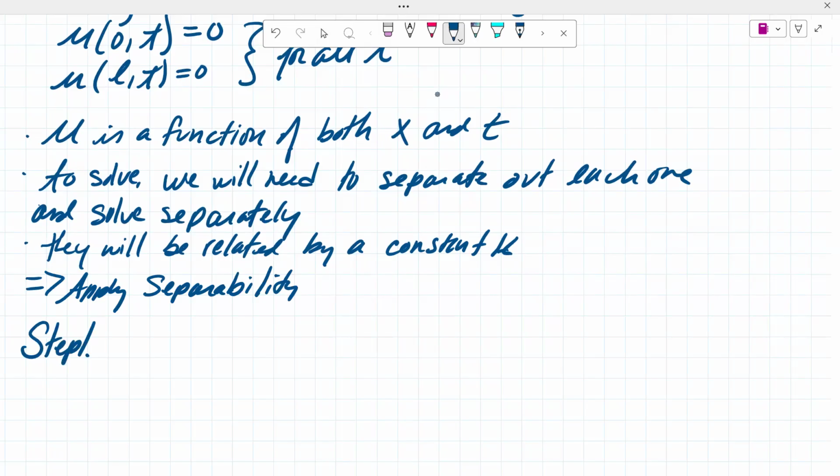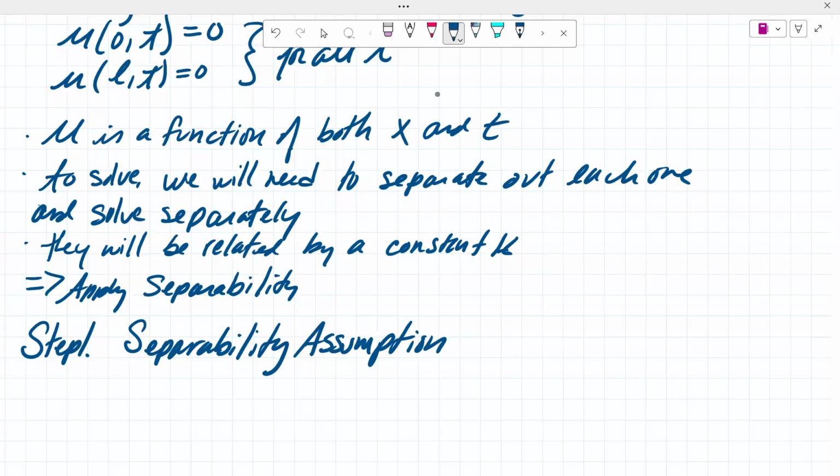Place to start: separability assumption. If you've taken multivariable calculus, you might know a little bit about what I'm talking about here. Terms are separable if you only have a single variable in each term, because then you could divide them onto a different half of the equation. If you had some term that had both variables in it, both the x and the t, it wouldn't be separable.